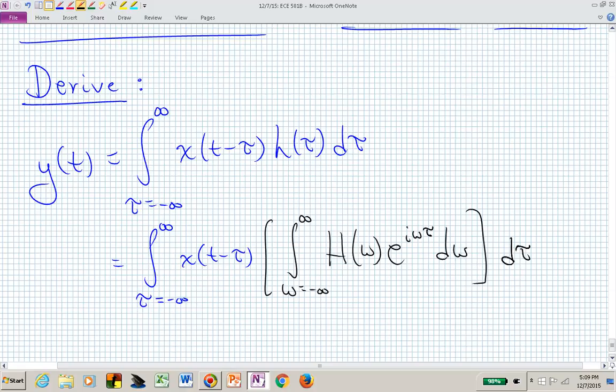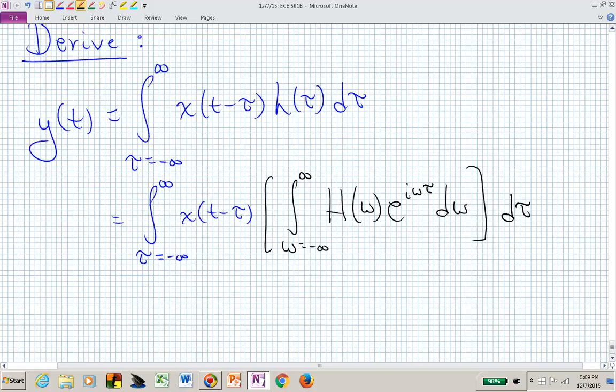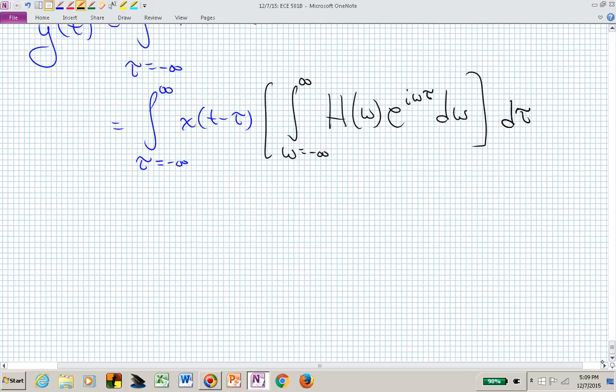That's just rewriting h of tau in terms of its eigenfunction expansion, where h of omega are the eigenvalues, e to the i omega tau are the eigenfunctions. Now we have two integrals, two variables of integration, omega and tau. Let's just slide those around so that now we have this.